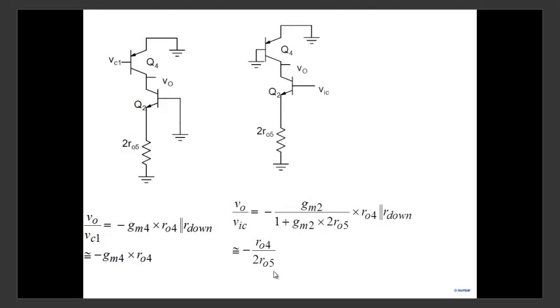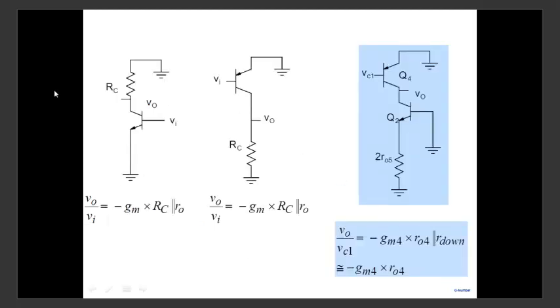Go back and see this equation. When we say RC parallel R0, what does it really mean? When you look at this node, the resistance looking up is RC. The resistance looking down is R0. So when I have something connected here, the more general expression is: at this point, what is the net resistance?